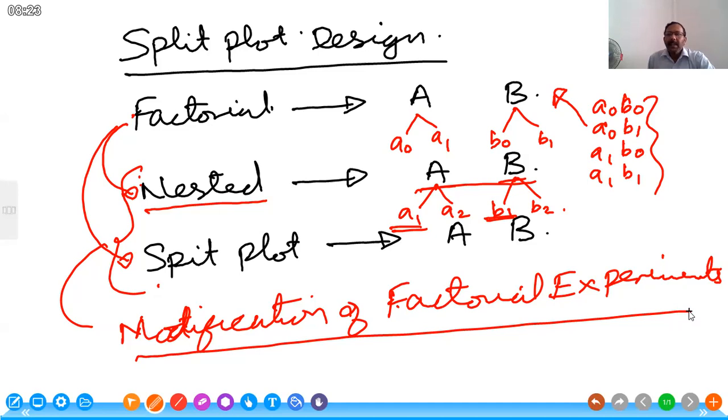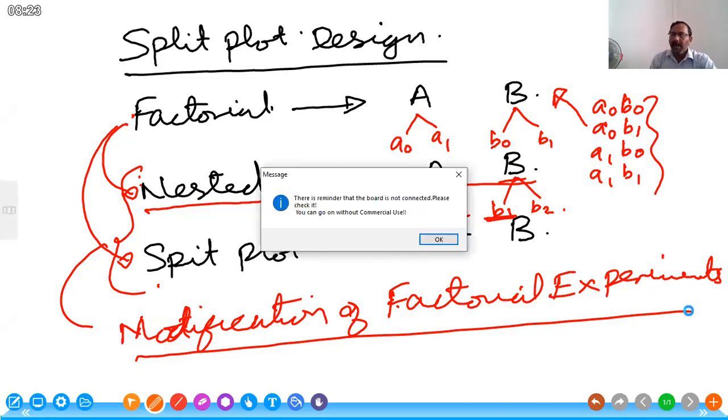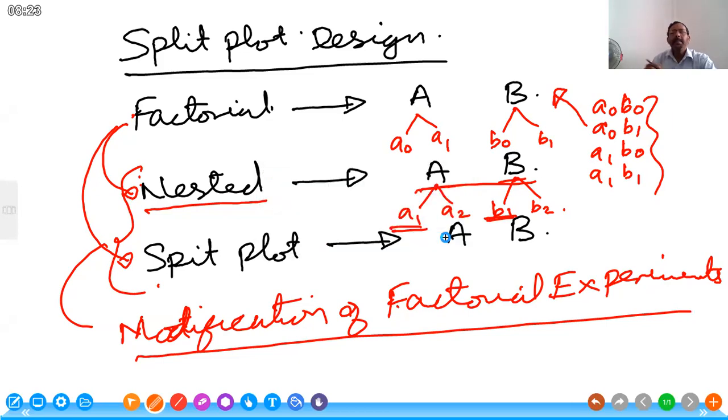Then if you don't have the opportunity to do a factorial experiment, you go for nested or split plot, because these have been treated as inferior to the factorial setup. In terms of superiority, factorial is much superior. The others are modifications of factorial, where the precision might vary.